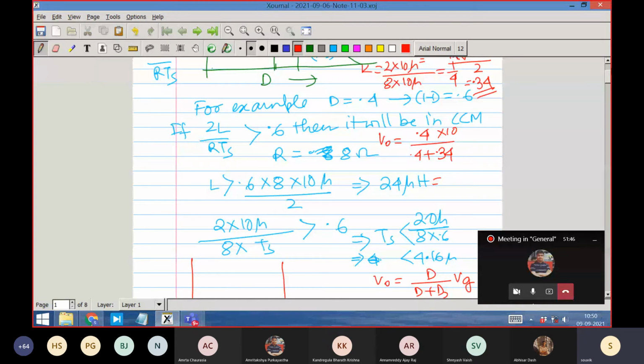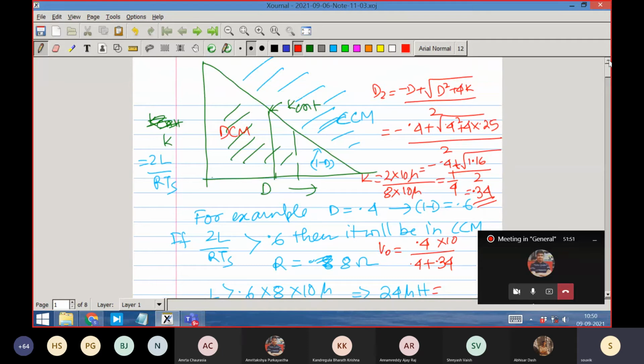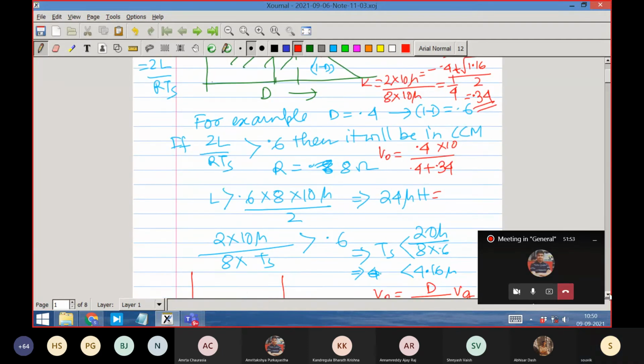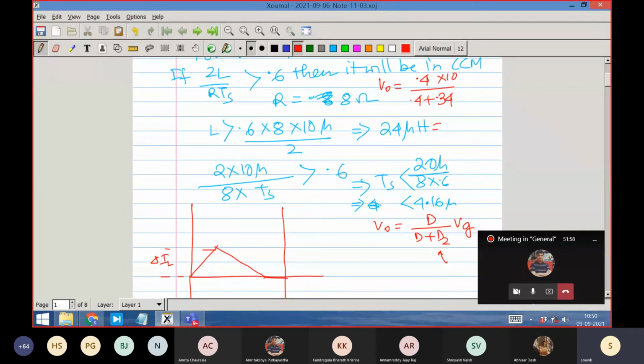That you can see obviously from the expression D by D plus D2, and D2 is always less than 1 minus D.